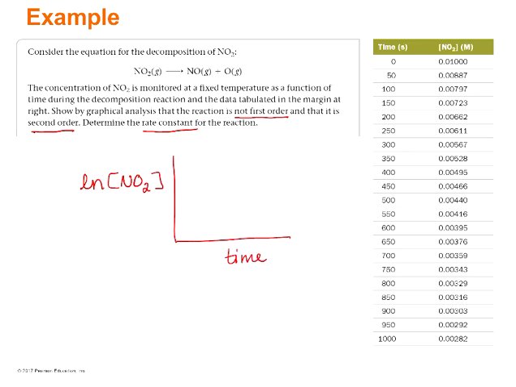And then second, we'll plot 1 over the concentration of NO2 versus time. And we should get a straight line there, because this would occur for a second order reaction.